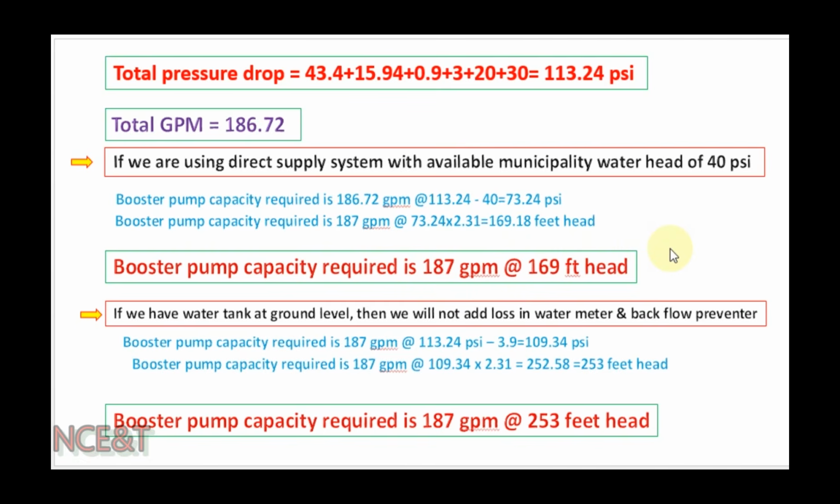feet. If we are using the water tank at the ground level, then we will not add the loss in the water meter and backflow preventer. So subtracting this loss value from the total pipe loss, 113.24 minus 3.9, it will be equal to 109.34 psi.